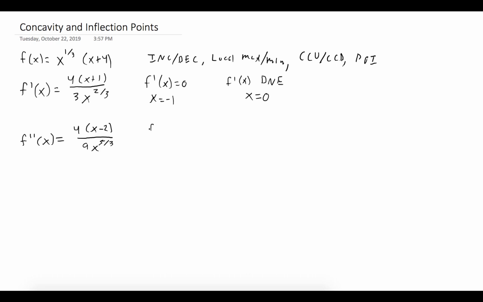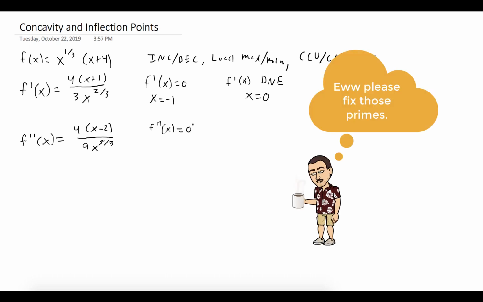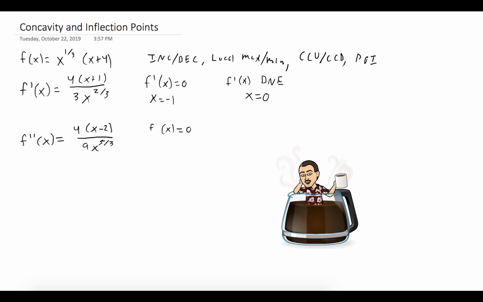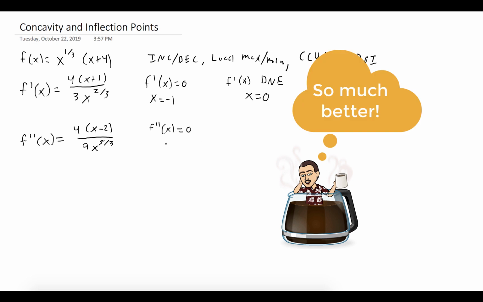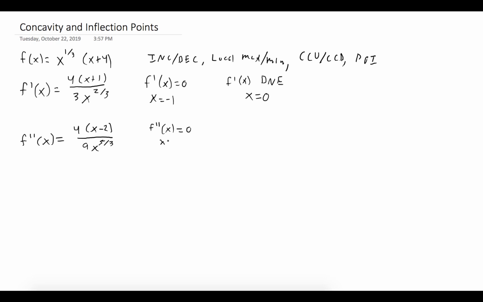So f double prime of x equals 0. So this is when the numerator is equal to 0, so x equals 2. And similarly, f double prime does not exist when the denominator is 0, so that's when x equals 0.